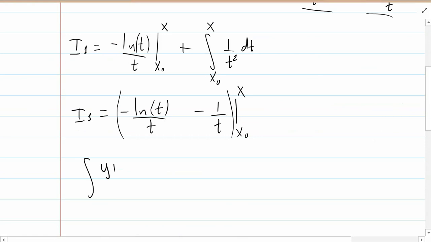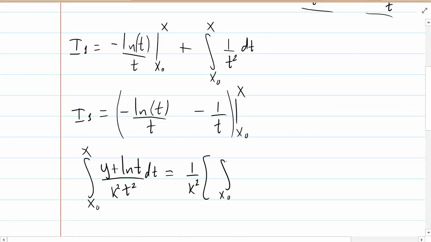The integral then of y plus natural log of t over k squared t squared dt is equal to 1 over k squared times the integral from some x naught to x of y. The integration is with respect to t, so the y is a constant. We can bring it out of the integral, plus the integral of natural log over t squared, which we call I1.